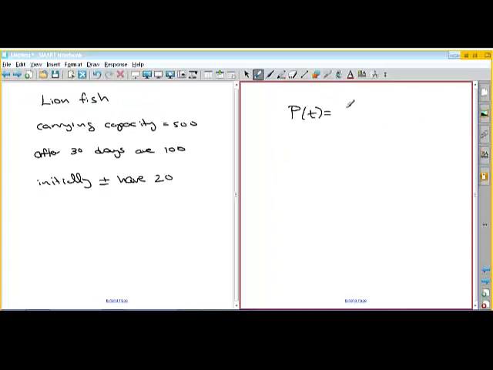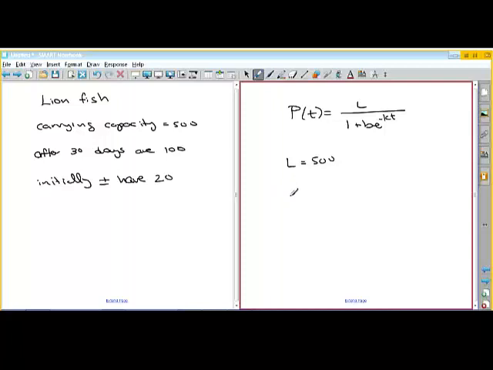So our equation for logistic growth is P of t is equal to L divided by 1 plus B e to the minus kt. So all we have to do is figure, I give you L equals 500.